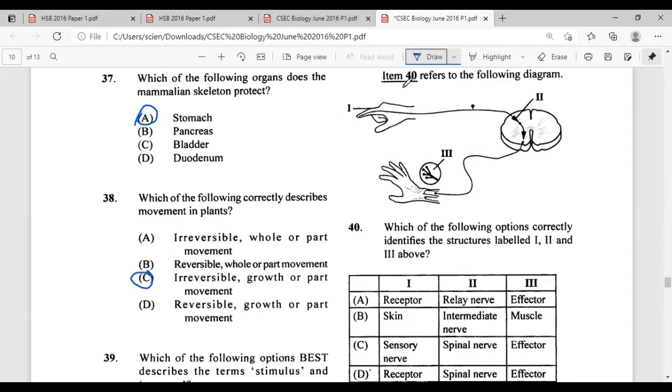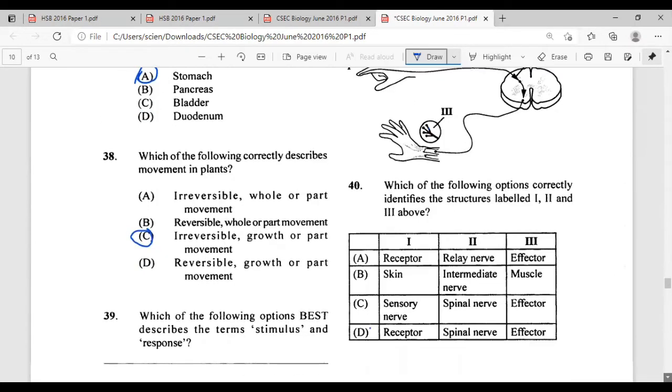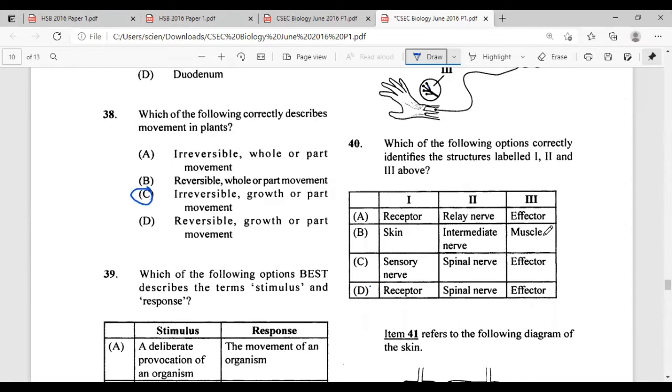So let us look at the diagram now. So looking at it, we can tell that 1 is definitely the receptor. 3 is definitely the effector. So if we go back now, we realize that all of them except B have effectors at the end. And then for the receptor, we would now know that B and C are out of it because we know that 1 is the receptor and B and C don't have 1 as the receptor.